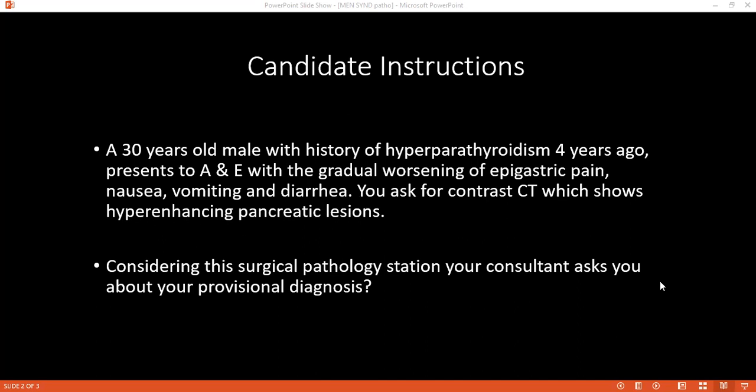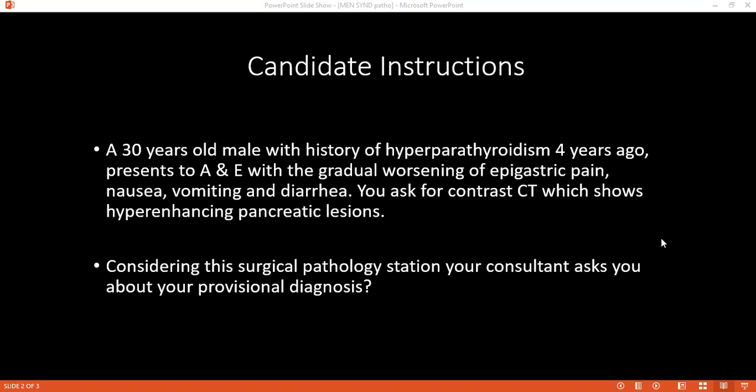What is the oncogene mutation for MEN2? MEN2 is due to mutation in the RET gene. What is the mode of inheritance of MEN2 syndrome? MEN2 is due to autosomal dominant inheritance of the RET gene.